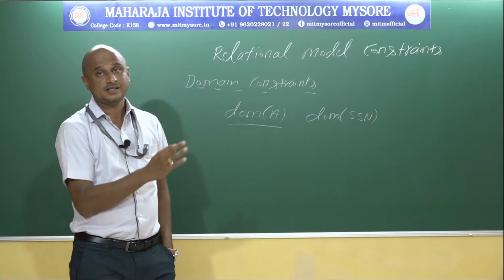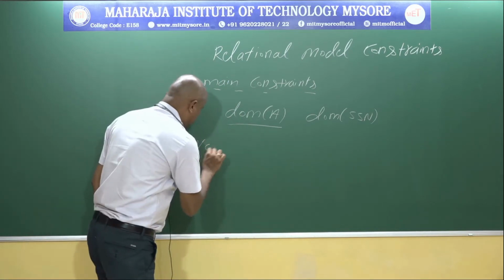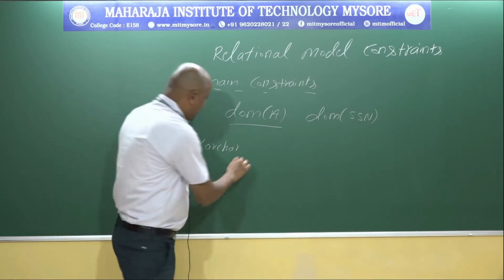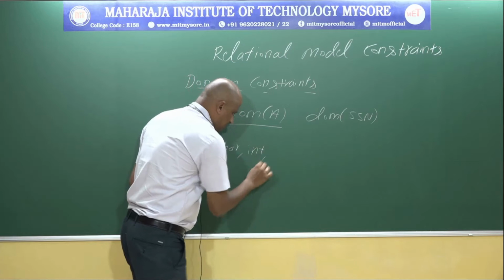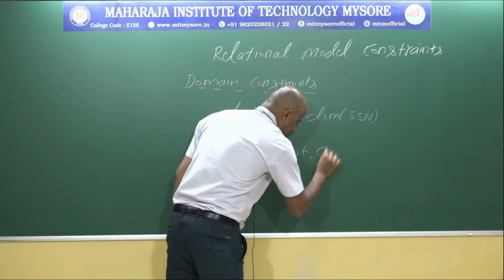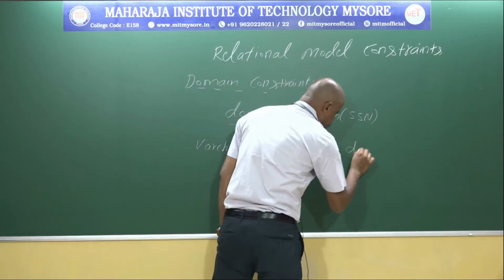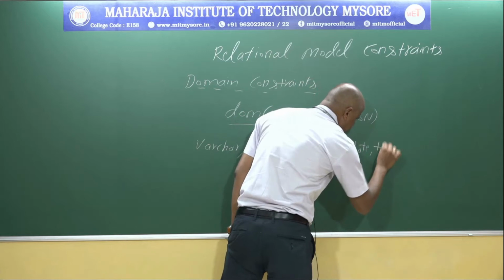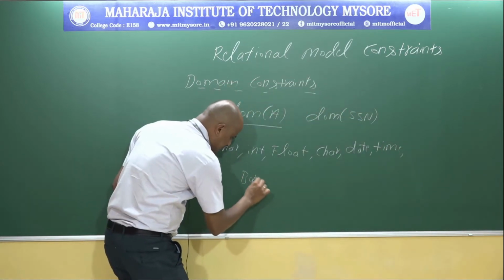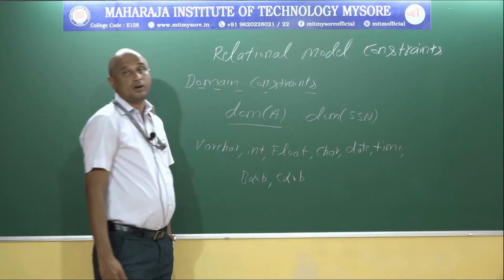So, DBMS has different data types, right. We have varchar, integer, float, character, date, time, blob (binary large object), and clob (character large object).